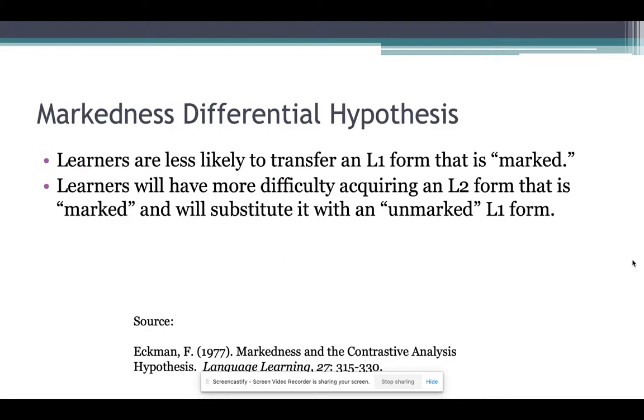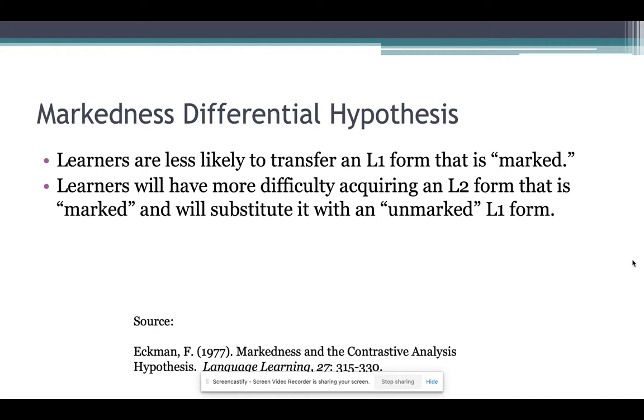Next, the markedness differential hypothesis. This one gets a bit cryptic. I'm sorry. This is yet another theory that explains and complicates our standard theories of L1 transfer. Like the morphological congruency hypothesis, it attempts to explain why certain forms get transferred and others don't.